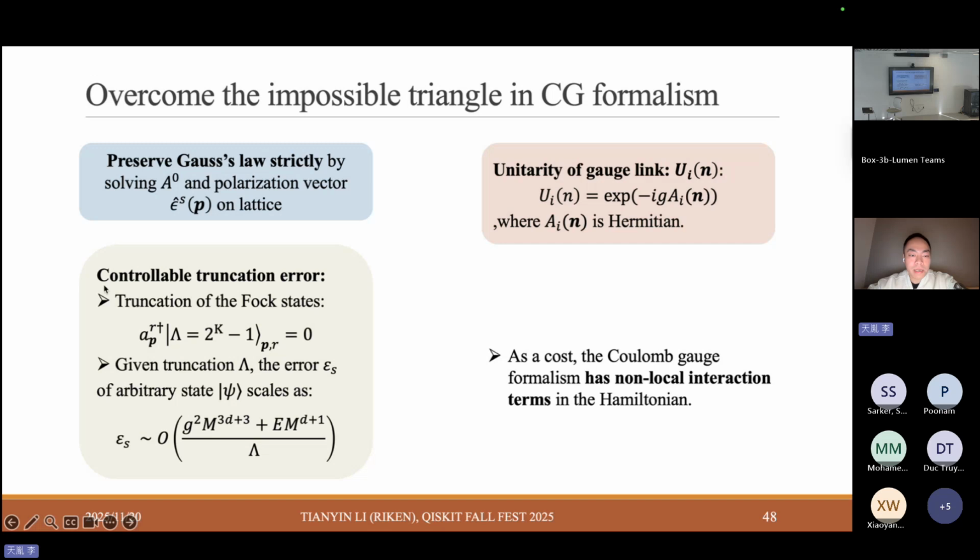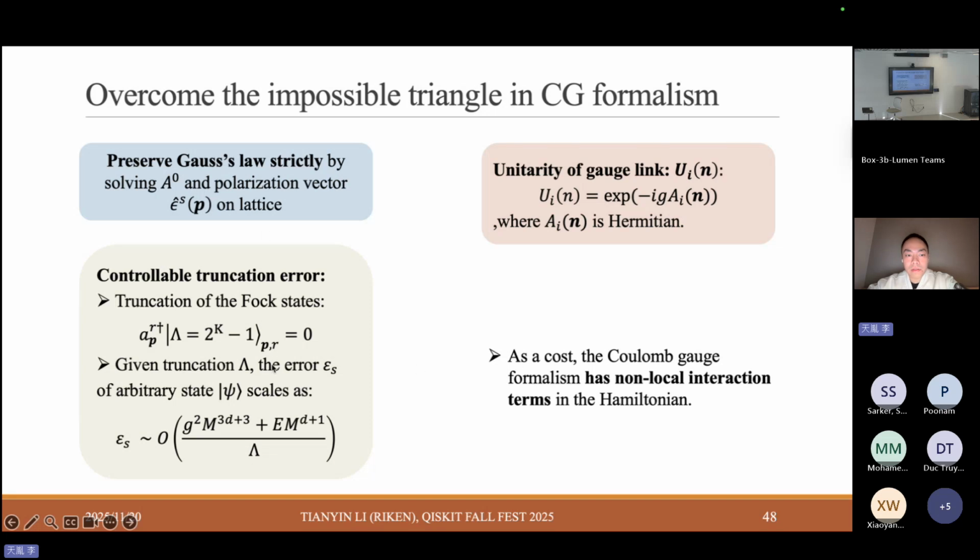Also, our formalism has a controllable truncation error if we truncate the Fock states of photon to lambda, and then we can estimate the truncation error of the arbitrary wave function of the theory, and we can find that the truncation error epsilon can approach 0 when the truncation lambda goes to infinity.